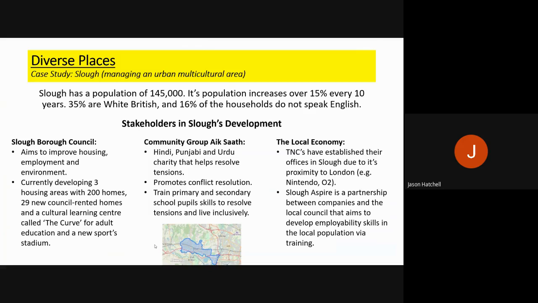So TNCs and companies in Slough are also trying to build relationships in the local population community to try and train them up for the jobs of the future. And so that is 3 stakeholders in Slough and how they are trying to manage a multicultural area.